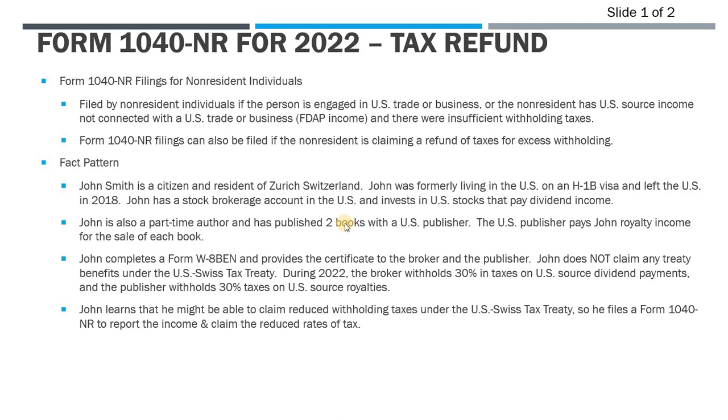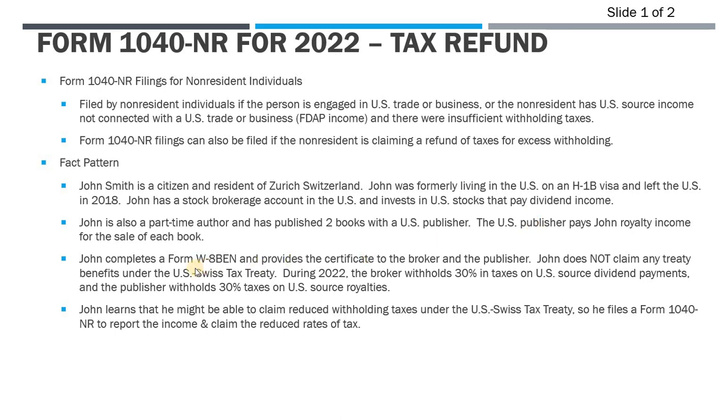So when John was there, he had a U.S. tax ID number, and he did open some brokerage accounts, and in those brokerage accounts he invests in U.S. stocks, right? So now it's 2022, and in addition to the U.S. brokerage account, he's also a part-time author. So he published 2 books, and he sells them through this U.S. publisher. And so the publisher pays John royalty income for the sale of each book.